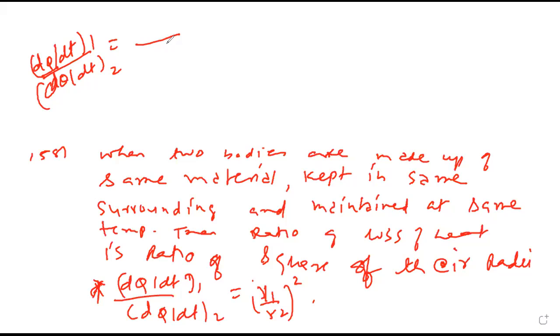In this sum, A and B are the same material, and the diameter of B is double that of A. So the second one is double the first one. Double the diameter means double the radius too. So can I take this ratio as 1/4 then? Yes, sir. Okay, 1/4.